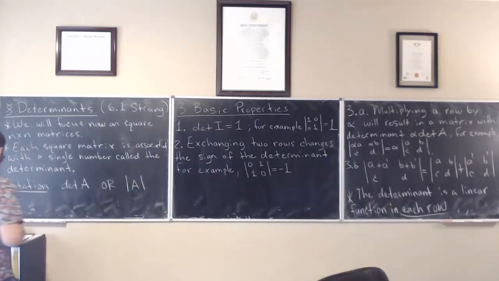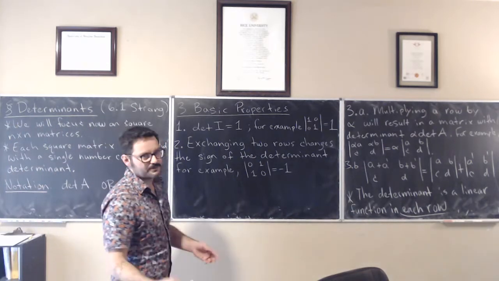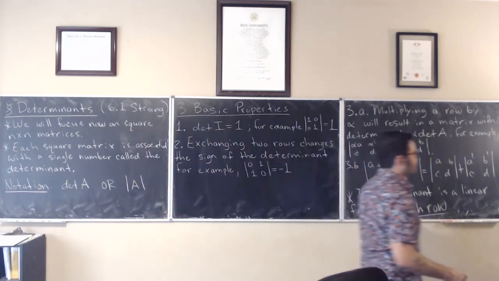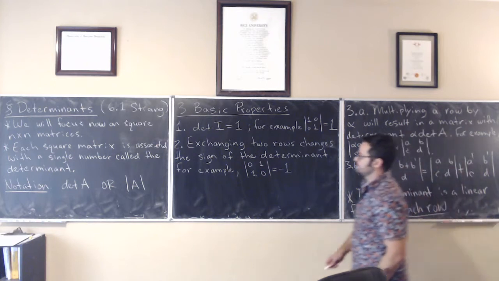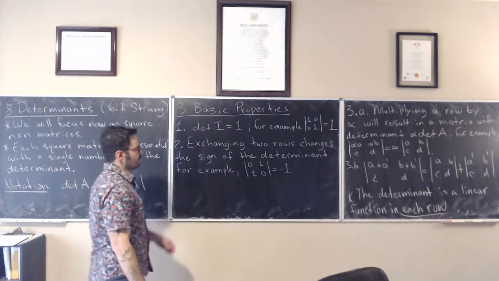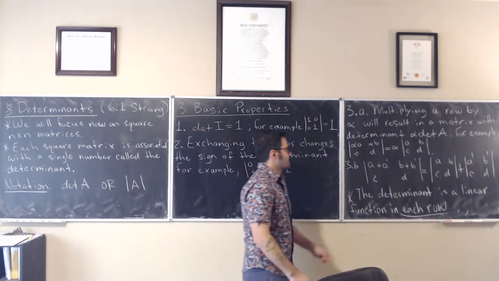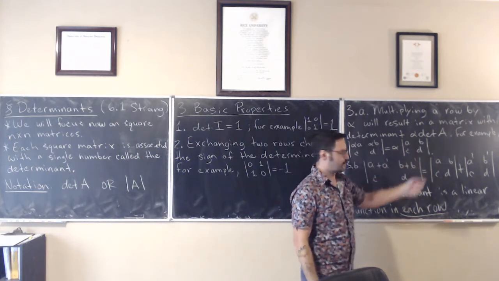Okay. All right, so these are the basic properties. So make sure you have these written down because we're going to use these to derive the next 4 properties of the determinant. Okay. So determinant of the identity is 1. If you exchange 2 rows, the sign changes. If you multiply a row by a scalar, you have scalar times the determinant.